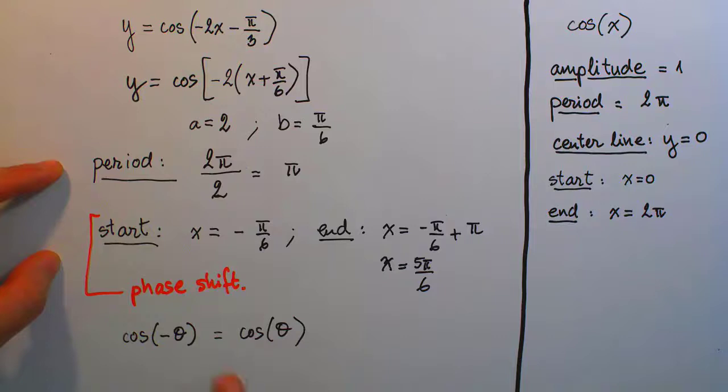So in the end, having a negative here will not give us any reflection on the x-axis. So no reflection, and I should have said through the x-axis.